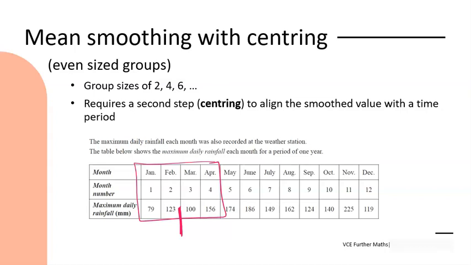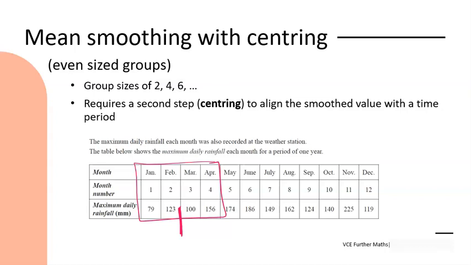We can't say it's at month number 2.5. It has to line up with an original time period. And so we have to do a second process, which is called centering our data.